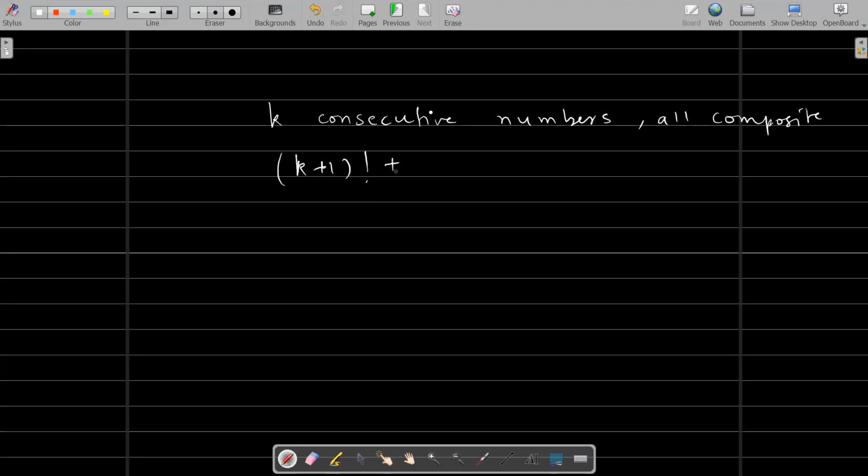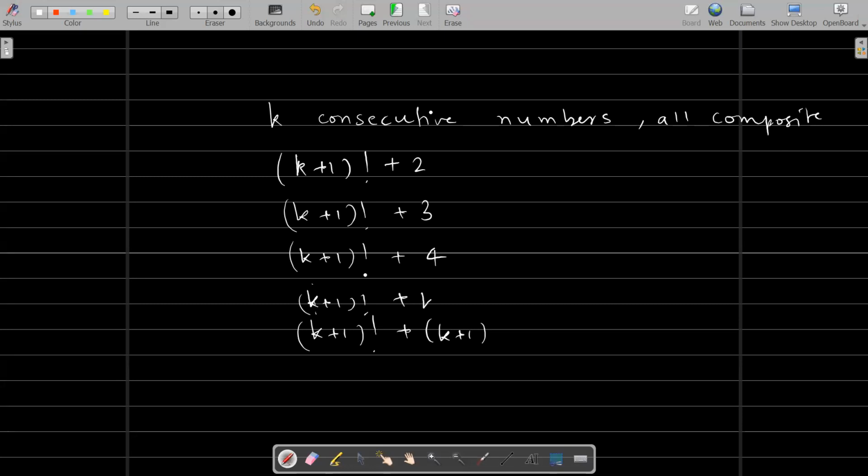Then consider k plus 1 factorial plus 2, k plus 1 factorial plus 3, k plus 1 factorial plus 4, up to k plus 1 factorial plus k plus 1. What will be the number before that? k plus 1 factorial plus k. These are k consecutive numbers. All of you agree? They are k numbers and all will be composite.